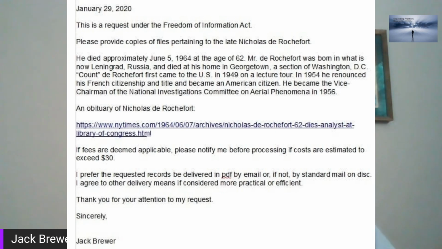And so that resulted in the FBI sending me several pages of what to me was important information on Nicholas de Roquefort that was very helpful and relevant in my book and my research. All of it's in the book. Quite a bit of it is on my website, the UFO Trail.